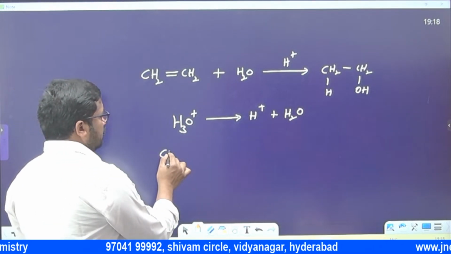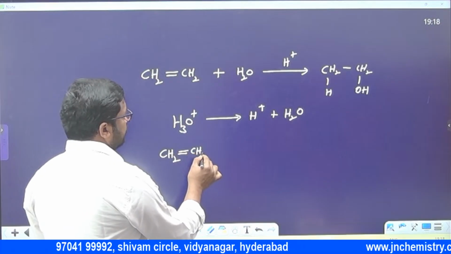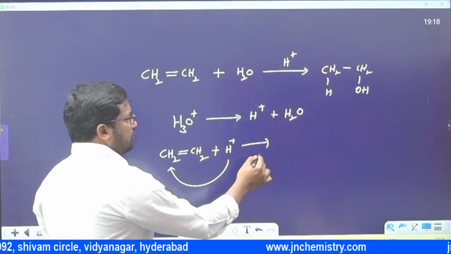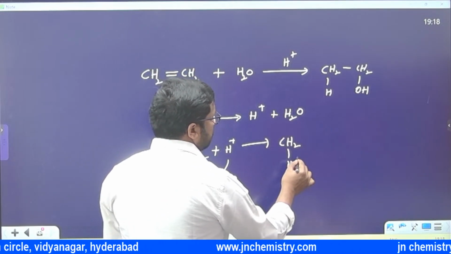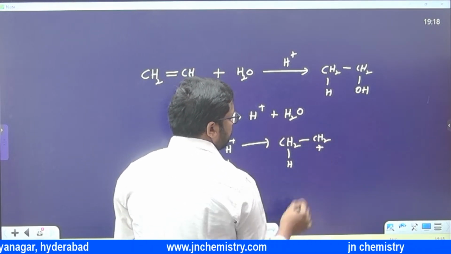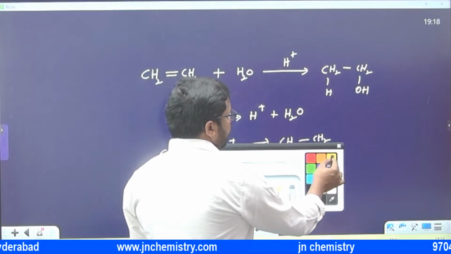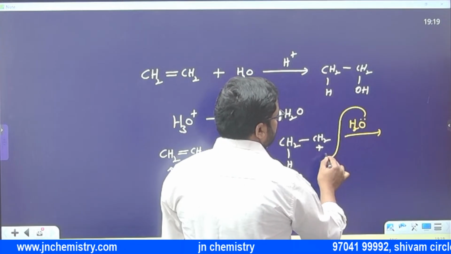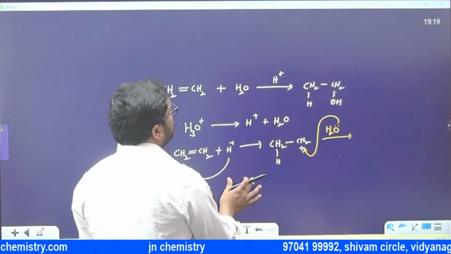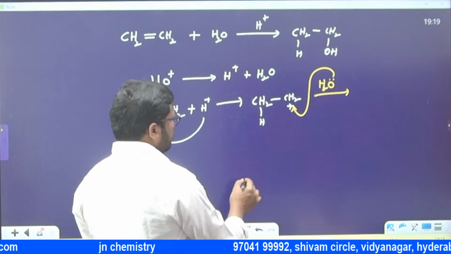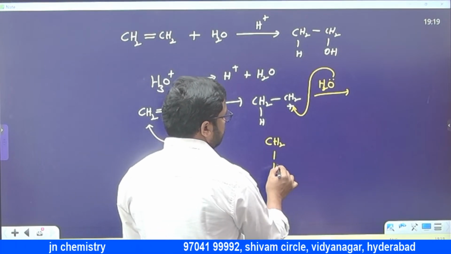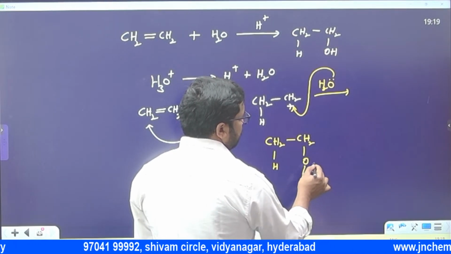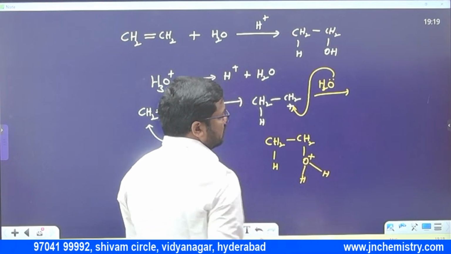Now the first step is the same. First H plus comes and attacks over here. So according to that, the product, I told you, is CH2H, CH2, positive charge. Then water comes and attacks as a nucleophile, H2O. What exactly happens? CH2H, CH2OH, H, positive charge.